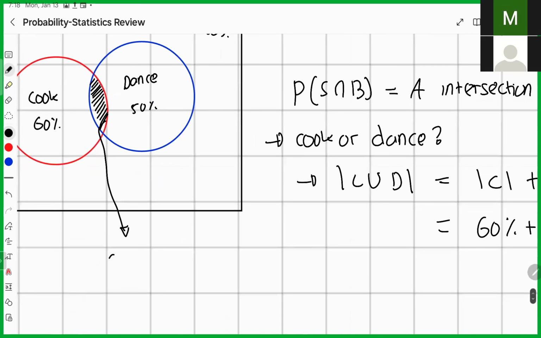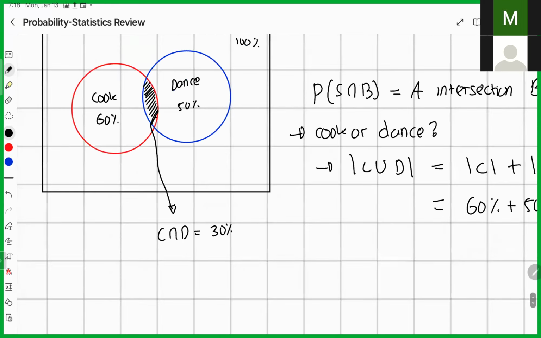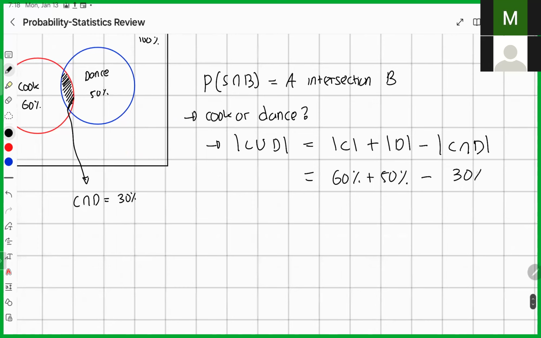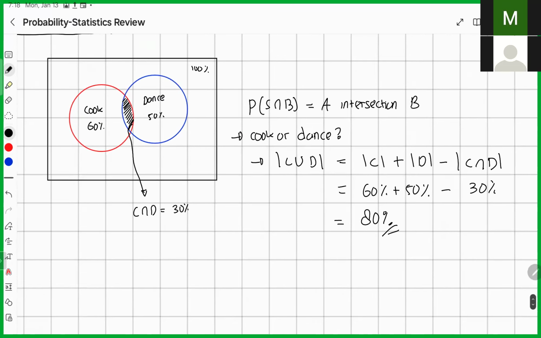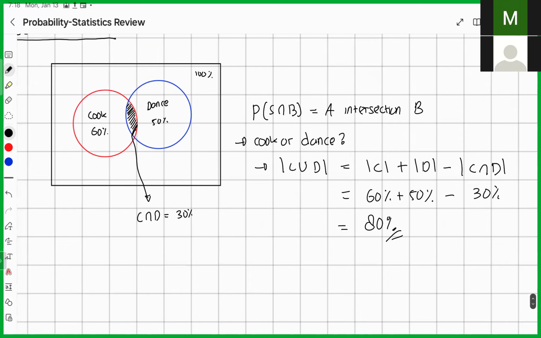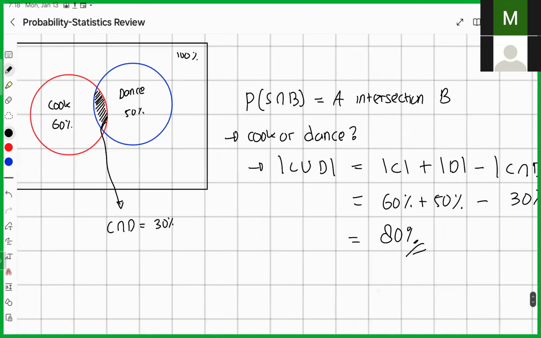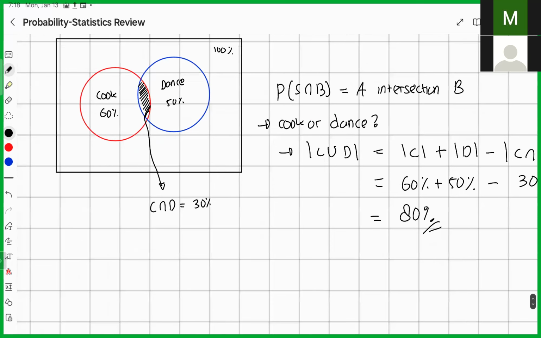Let's say you know exactly C intersection D equals 30% of them. So you're gonna have 30% here. So this is 110 minus 30, which equals 80%. So you can easily say students who like to cook or dance are 80%. So that's the percentage for this problem.